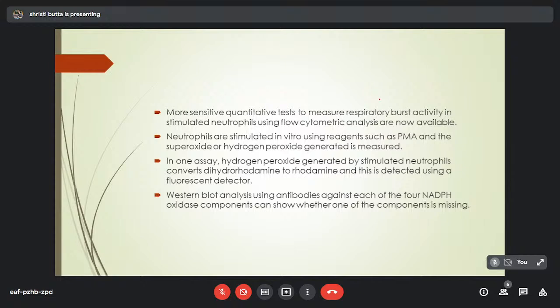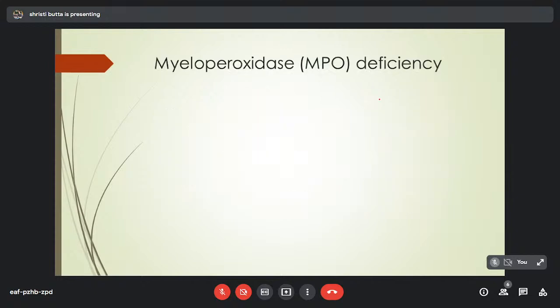Neutrophils are stimulated in vitro using reagents like PMA, and superoxide or hydrogen peroxide is generated, and that is what is measured. In one assay, even the hydrogen peroxide generated by stimulated neutrophils, whether GP91 or GP47, 67, 40 or 20, is involved. So even the component implicated in the NADPH oxidase deficiency can be ascertained.